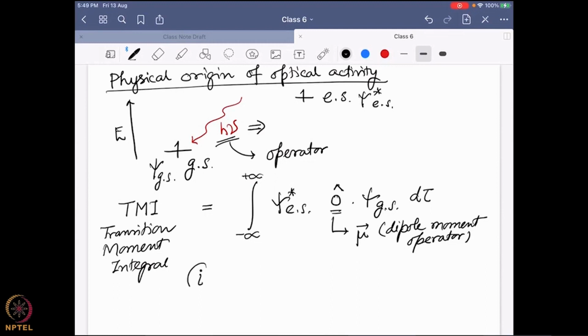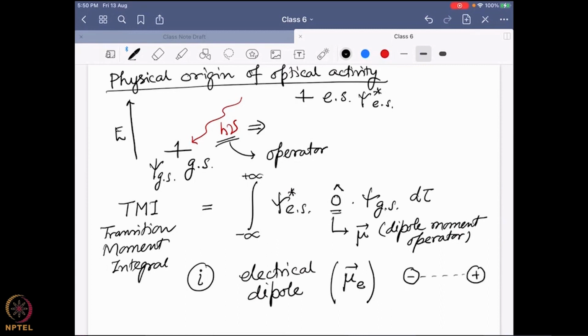The first one is the electrical dipole operator, which you already know. It is given as mu E, E for the electron. Over here you have a negative region and a positive region, we create a dipole, so that is why there are two different poles, and that creates the electric dipole. Whenever you have an electronic distribution, if you make it an asymmetric shape, it will create an electrical dipole.